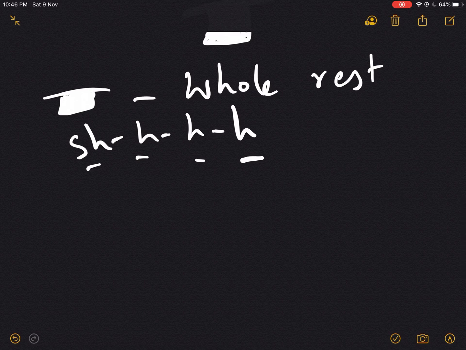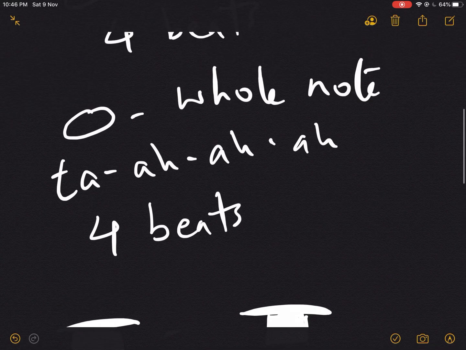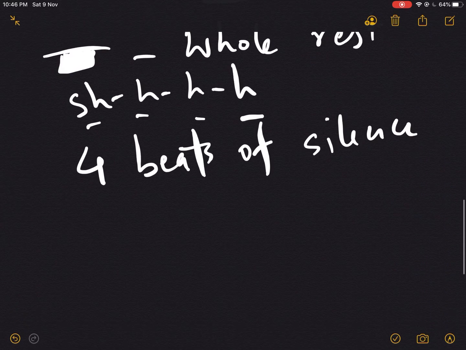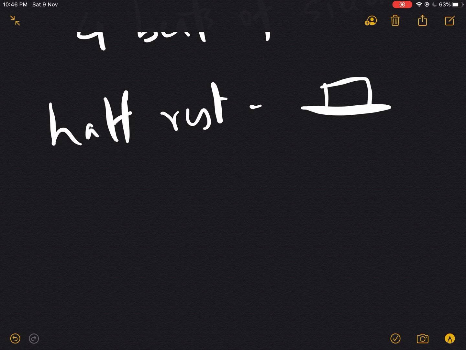And the whole rest equals 4 beats of silence, where the whole note was 4 beats, the whole rest is 4 beats of silence. Okay, and I'm not sure if I said this in the previous video, but the half rest, if you remember what it looks like, that's the horizontal line, the rectangle on top.